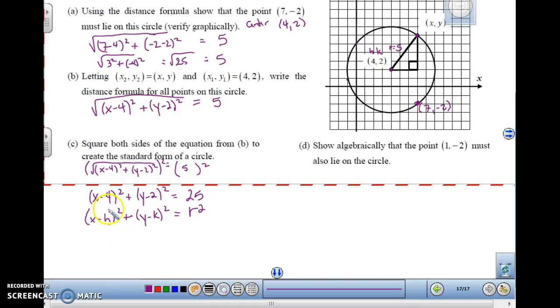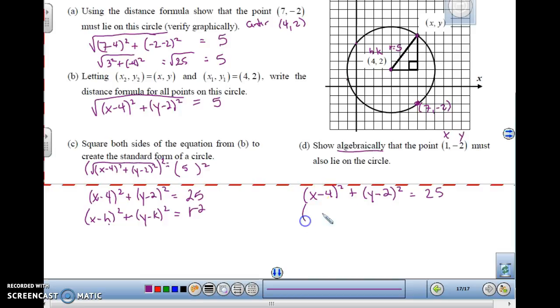So now, if I know the general equation, show algebraically that the point 1, negative 2 must also lie on the circle. I can use my equation, x minus 4 squared plus y minus 2 squared equals 25. Isn't this an x and this is a y?